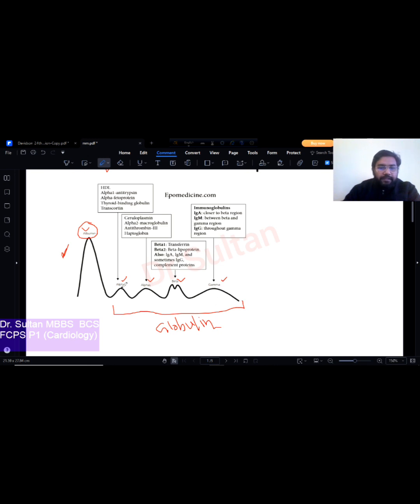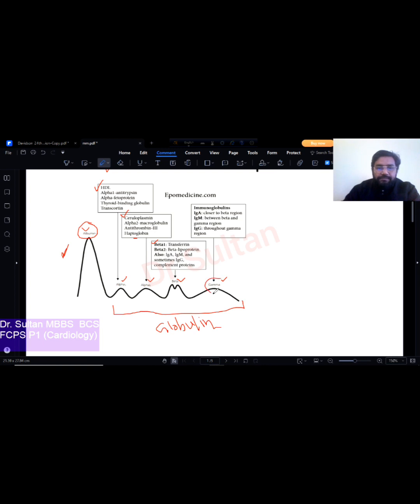On the alpha 2 globulin segment, the components are ceruloplasmin, alpha 2 macroglobulin, antithrombin 3, haptoglobin. On the beta globulin segment, beta 1 transferrin, beta 2 beta lipoprotein, and others.